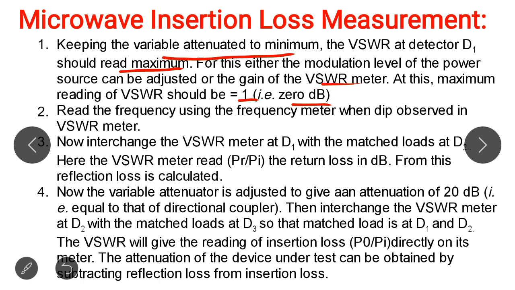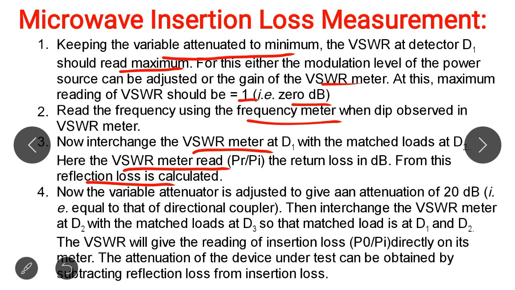Next, read the frequency using a frequency meter when a dip is observed in the VSWR meter. Now interchange the VSWR meter at D1 with a matched load at D2, and hence the VSWR meter reads PR divided by Pi, the return loss in dB, and from this the reflection loss is calculated.